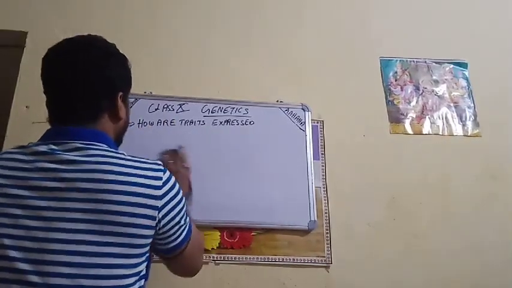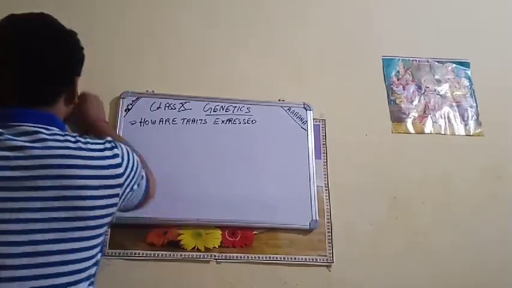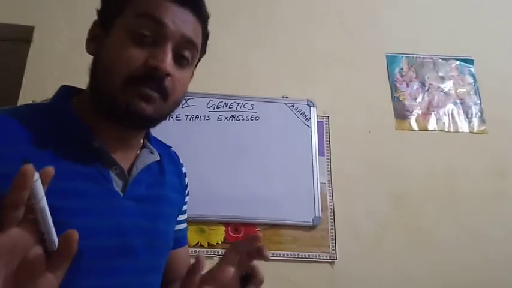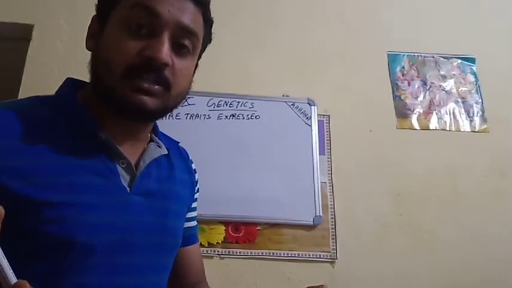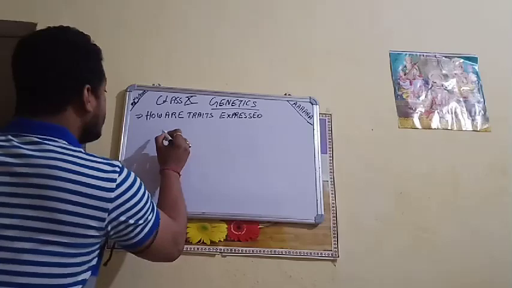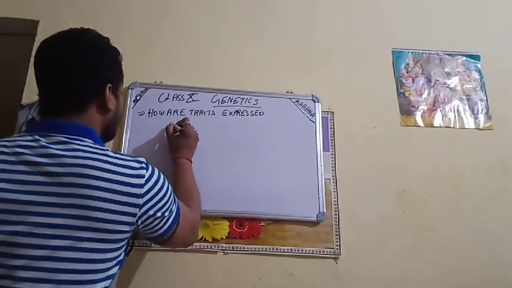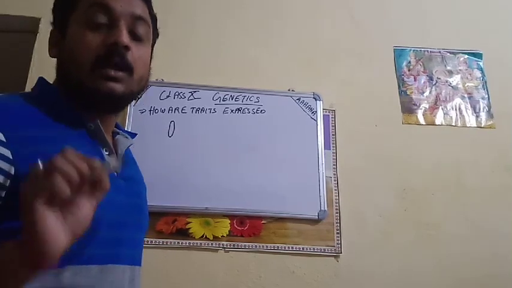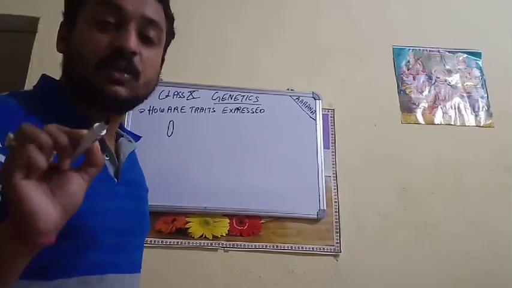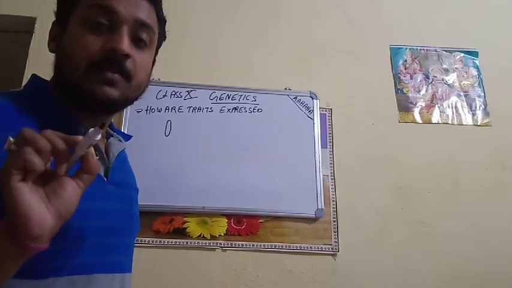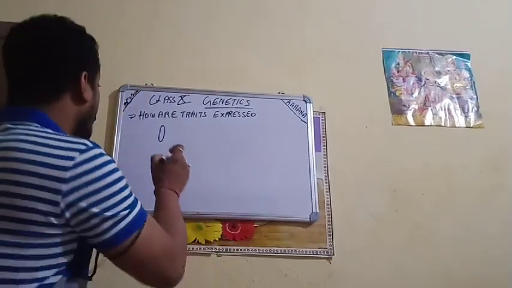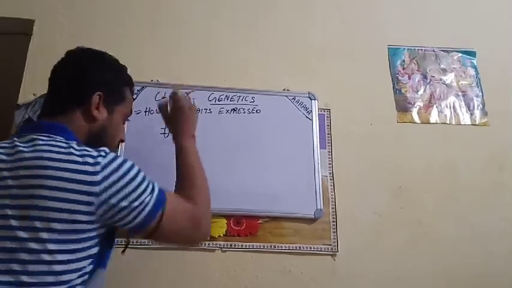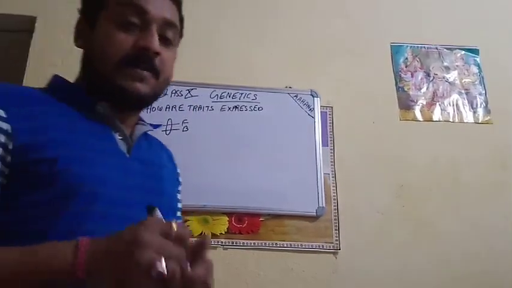A simple thing I would like to mention over here. Let us say a particular gene is expressed. We don't know whether it is fair or whether it is black. Let's say a particular gene is expressed in the body of the baby, or in the body of the child, and this gene is having two characters, one fair, one black, F and B. Skin color only I'm talking about here.